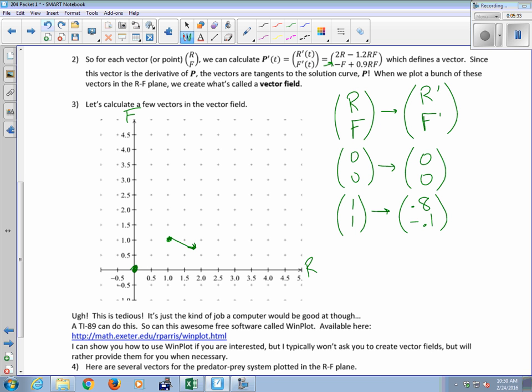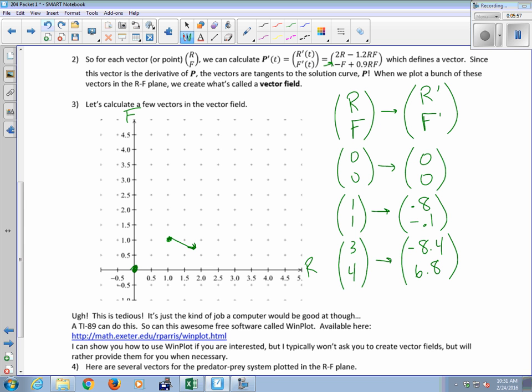All right, and then how about one more point? What if I pick like 3, 4? I'm going to plug r is 3 and f is 4 into my r prime, f prime equations. And I get negative 8.4, 6.8. Okay, good.